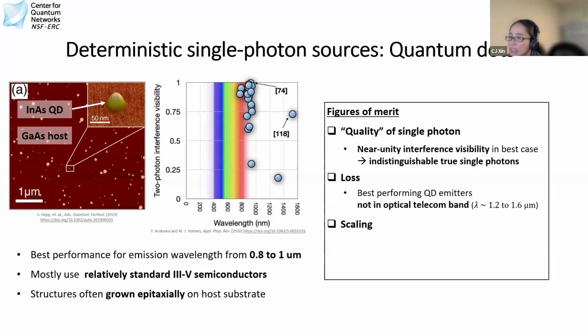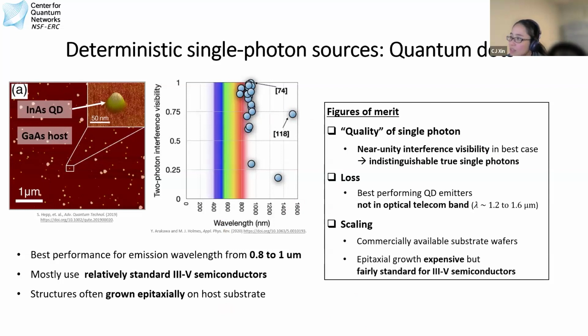Well, these are pretty standard 3-5 semiconductors. You can get wafers of them. Epitaxial growth is fairly expensive and slow, but any kind of foundry or clean room that does any kind of 3-5 semiconductor for classical photonics will be doing that in any case. So it's actually a fairly standard process.